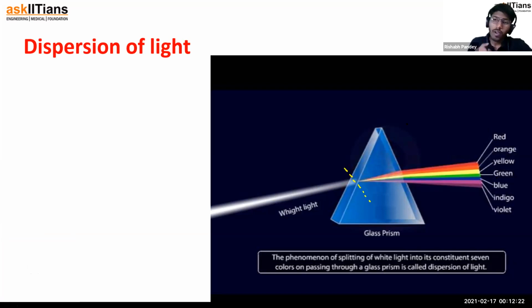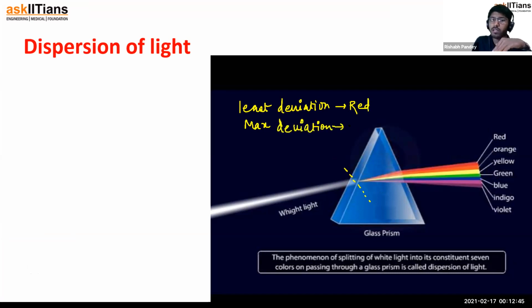If I say which light has been least deviated, the least deviation has been made by red color, and the maximum deviation, the maximum angle of deviation, has been made by violet.